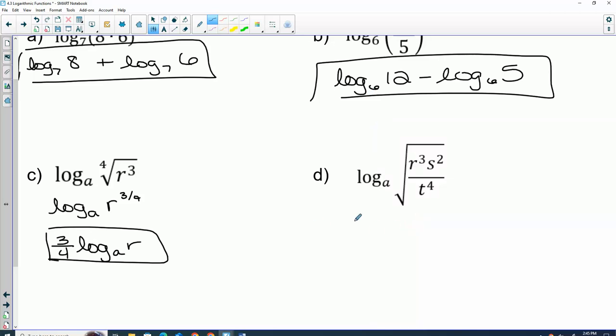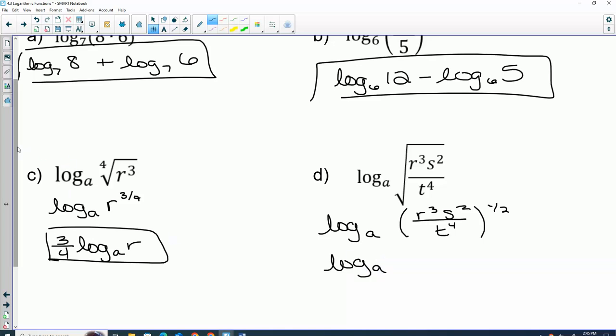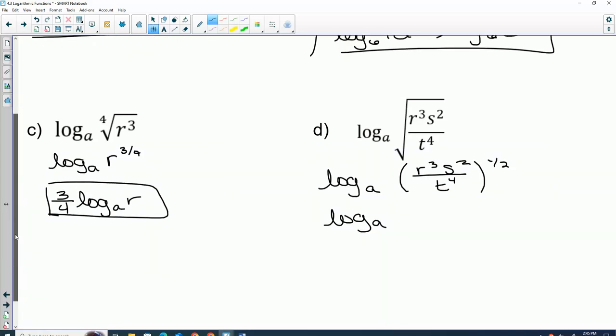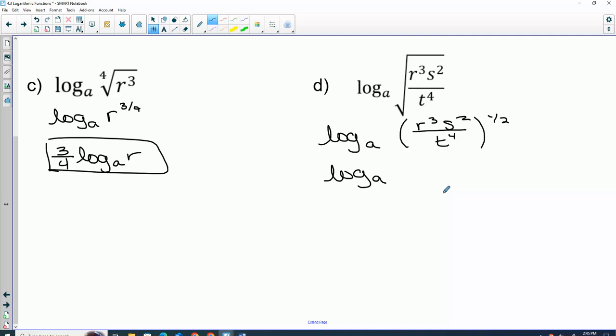And D. This is all under a square root, so what kind of power is that? So this whole thing is to the 1/2 power. Let's go ahead and take that 1/2 to each.